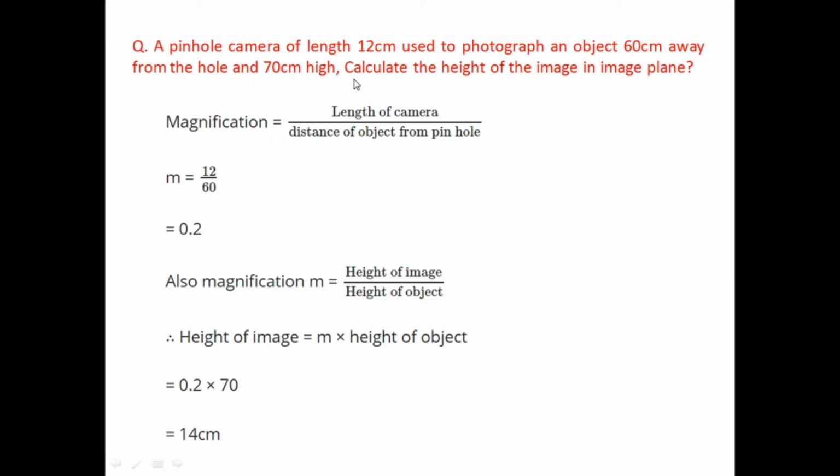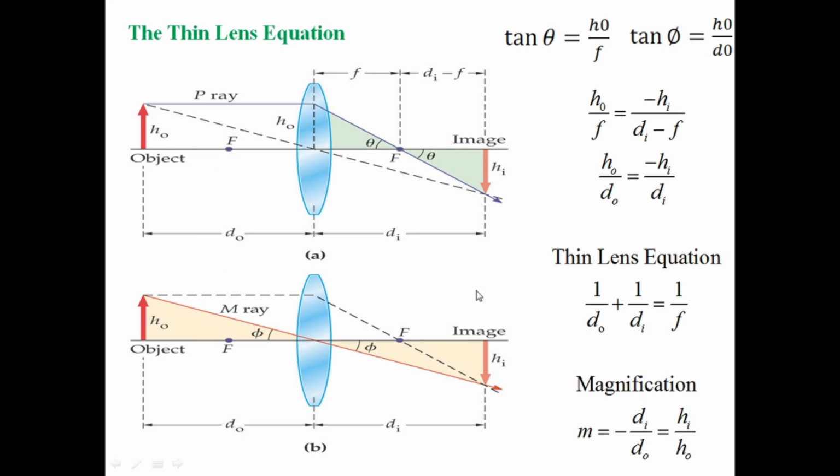Now calculate the height of the image in the image plane. This is the question being asked. So magnification is nothing but the length of the camera by the distance of the object from the pinhole. That means this is my length of the camera, di. So the magnification is nothing but minus di by d naught.